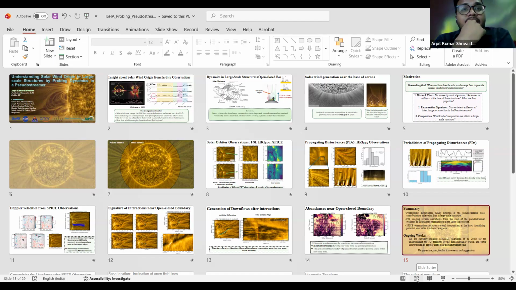There is one recent study by Vincenzo Andretta using METIS, who showed that in the middle and outer corona there are periodicities in the outflows, and those periodicities were associated with these PDs. But the connection between the inner and middle corona has not been established yet. That's what we are looking at right now with some PhD students.